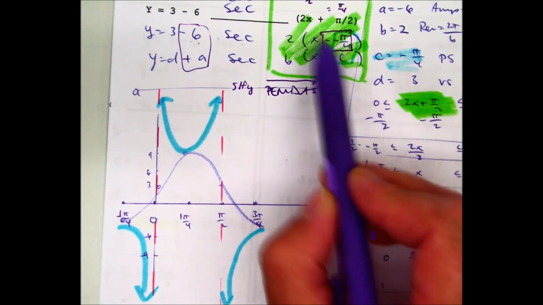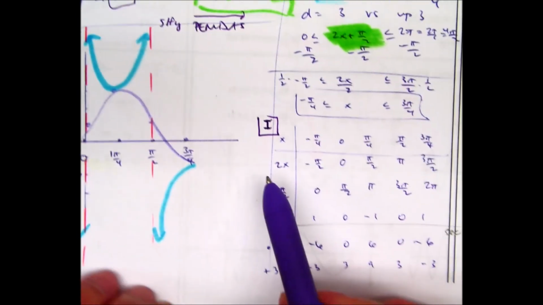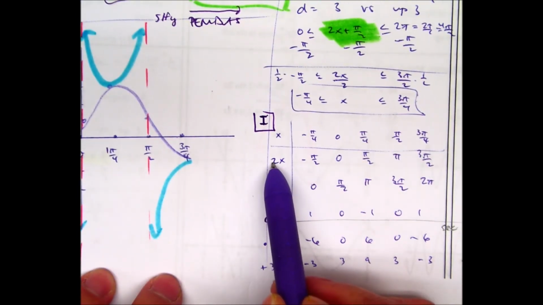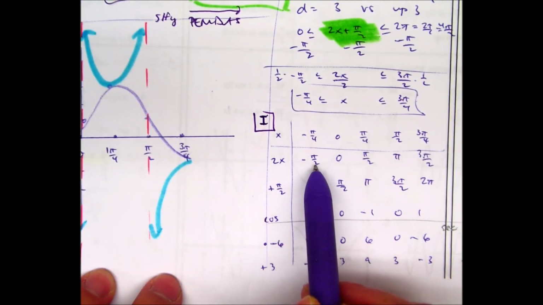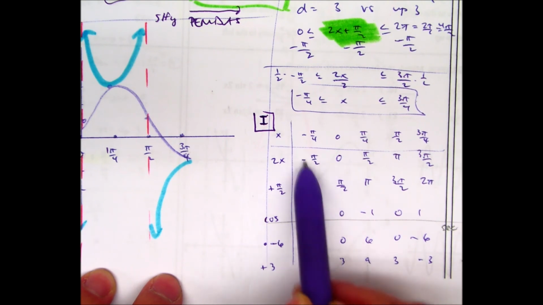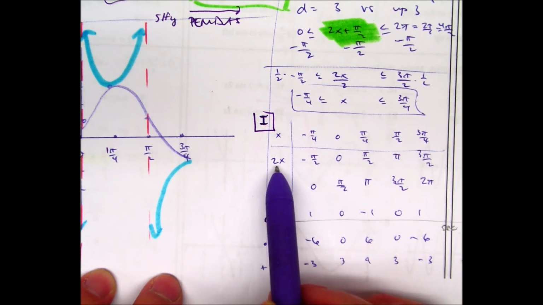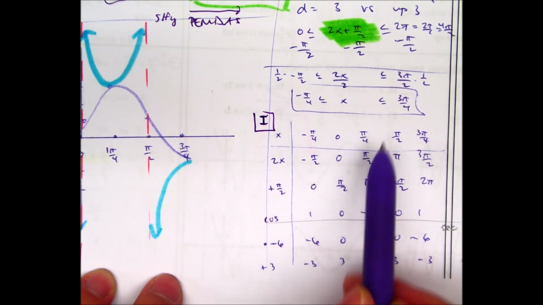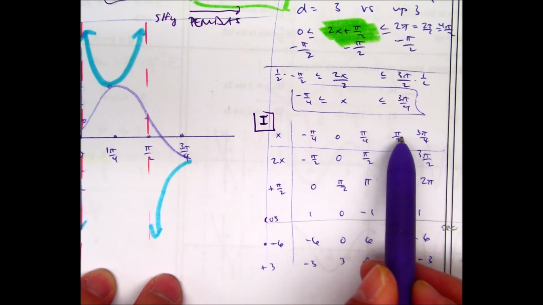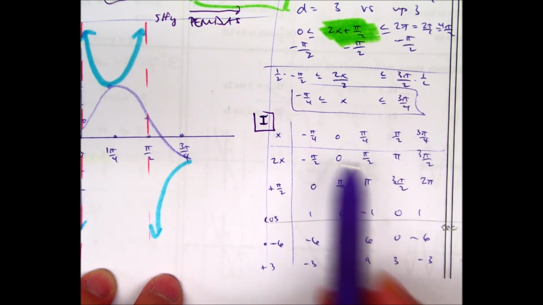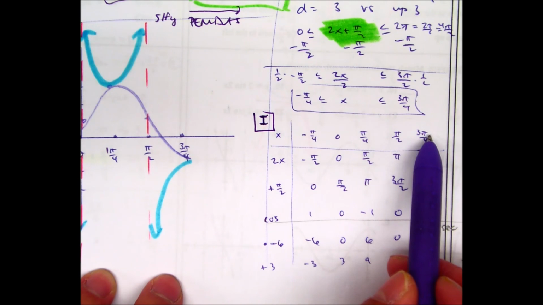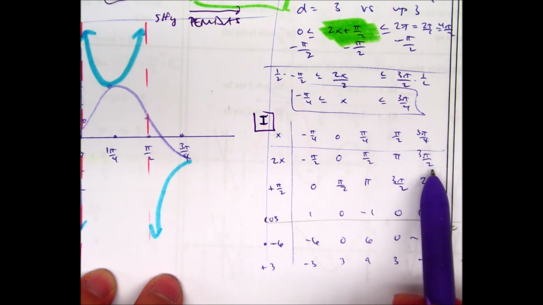So I'm going to take x times 2. 2 times negative pi over 4 is negative 2 pi over 4, which reduces to negative 1/2 pi, or negative pi over 2. 2 times 0 is 0. This becomes 2 pi over 4, which reduces to pi over 2. That becomes 2 pi over 2, which is pi. 6 pi over 4, which is 3/2 pi.